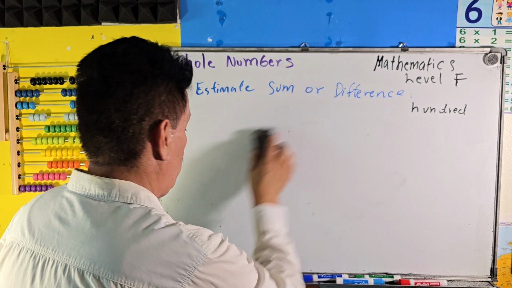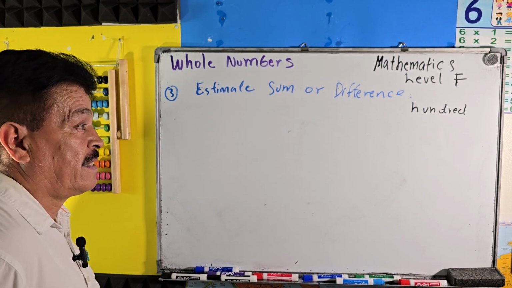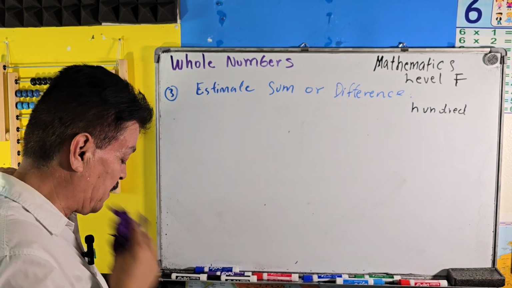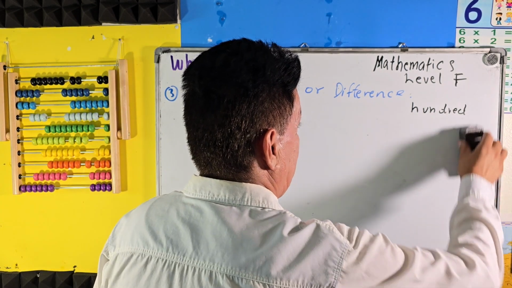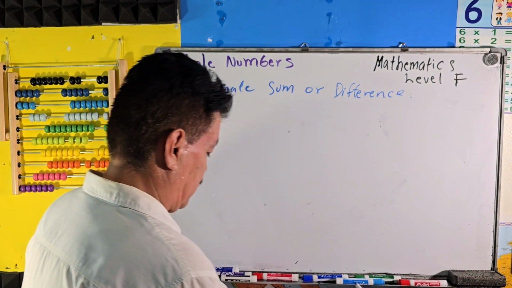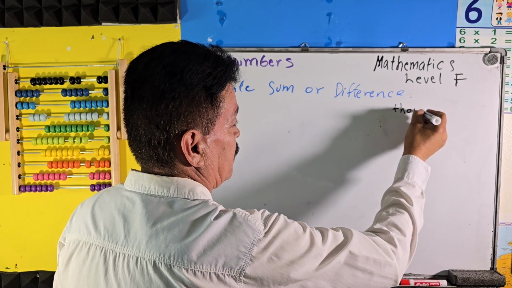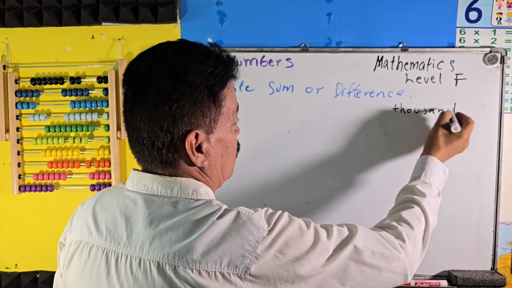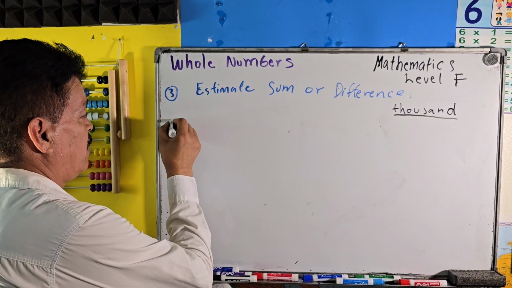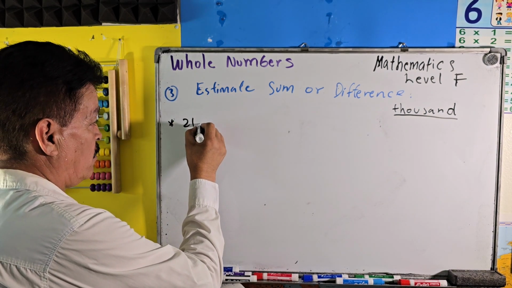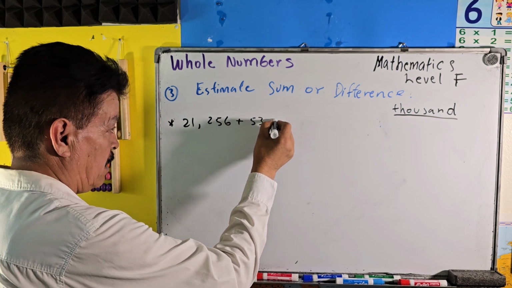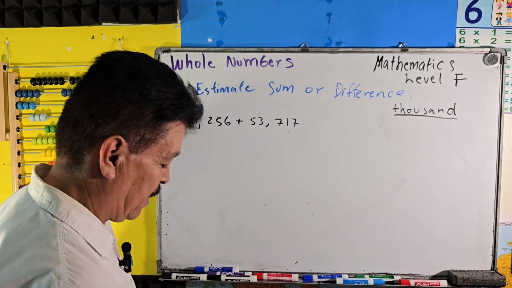So the next one, we have to use our 1,000, close to 1,000. Let's use now 1,000 for the difference. Notice 1,000 here. Here we have this problem: 20,256 plus 53,770. Okay.